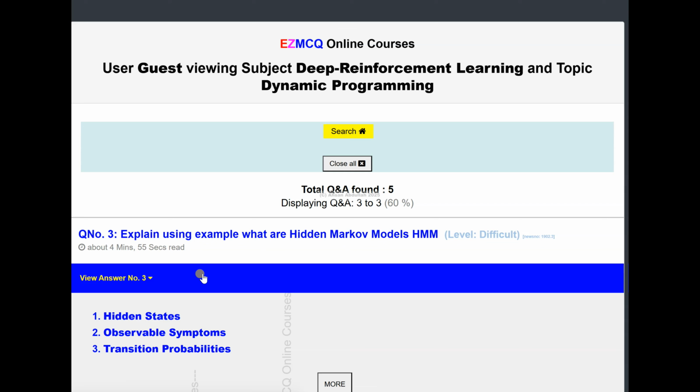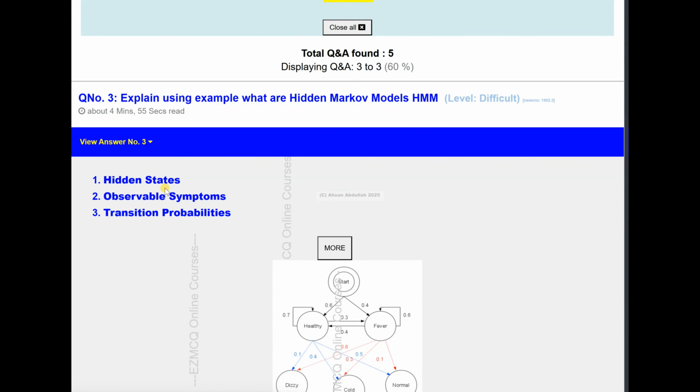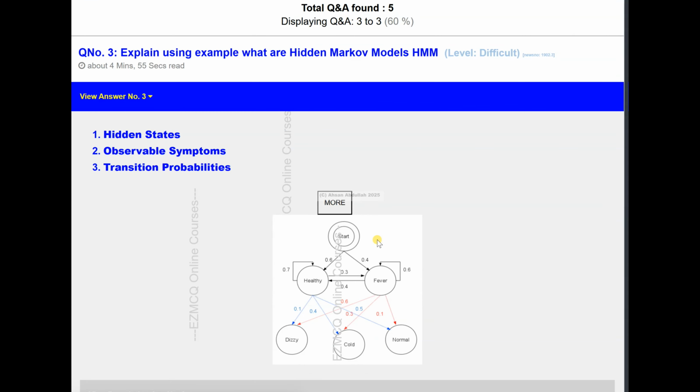We have covered this slightly earlier in other topics, but I'll explain this more in the context of deep reinforcement learning. What is meant by hidden? We have the hidden states. Hidden states are like: we don't know what is causing a certain outcome, but we have the observable symptoms.